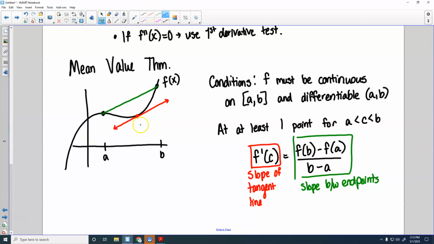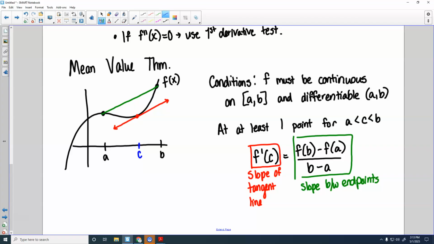So in this case, C would be right here. A lot of times you'll get a function on an interval and be asked to prove that the derivative has to equal 7 somewhere, right? And so it's usually that slope between the endpoints.